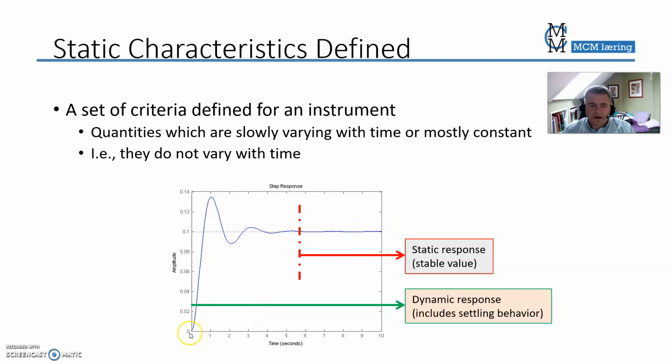Let's say that I put myself on a bathroom scale, for example, and the needle would go up and then swing below and then finally settle on a stable value, and that is when I read the data from the bathroom scale.